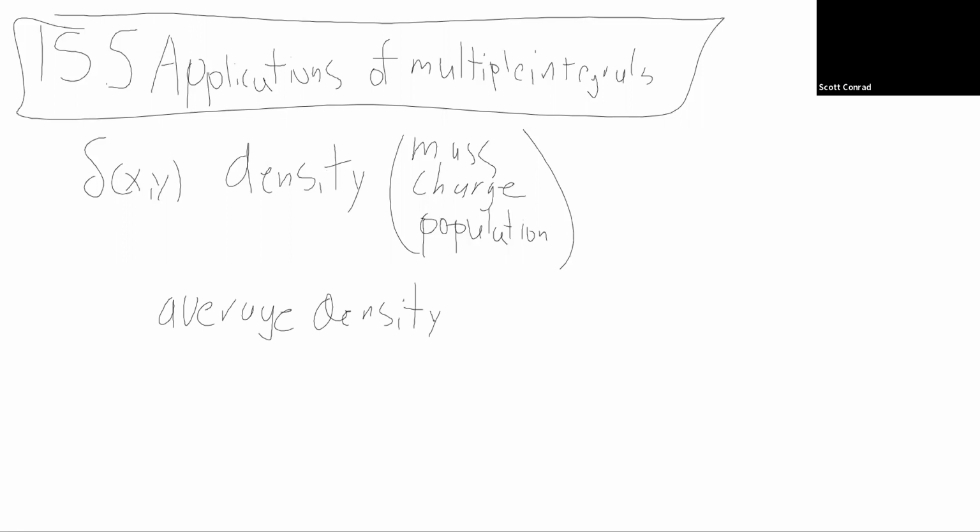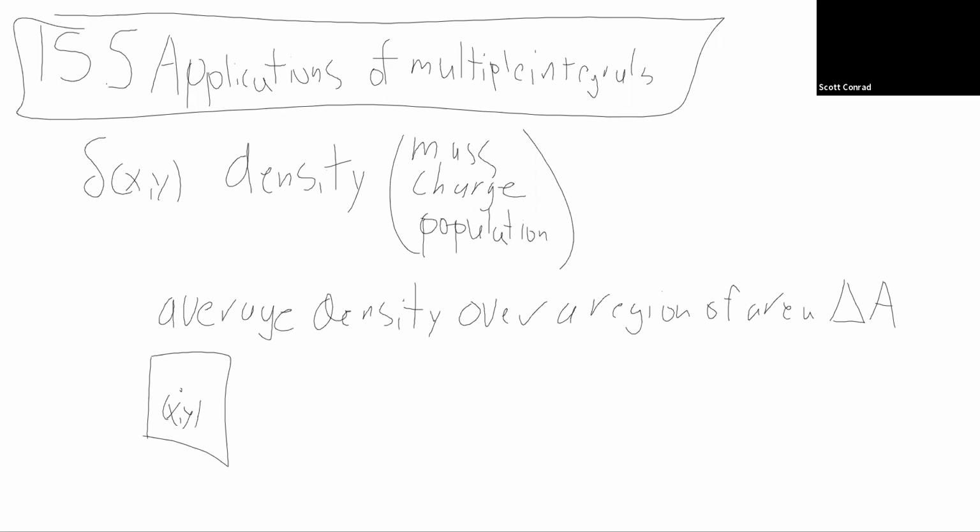So if you think of average density over a region, we'll just make it a square of area delta A. So we have some area delta A.